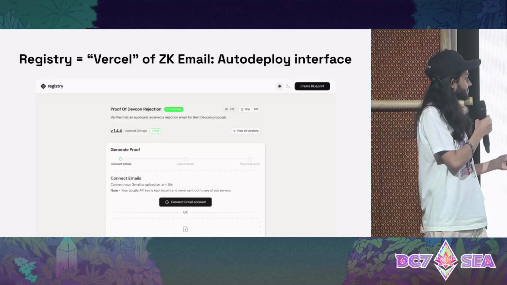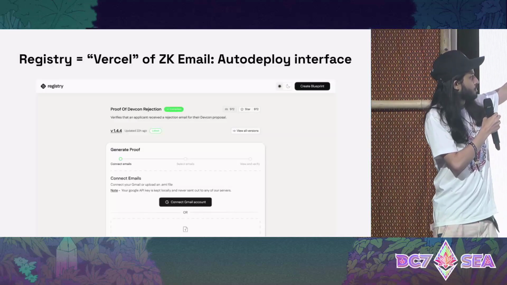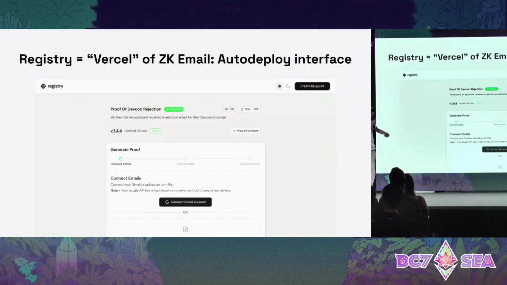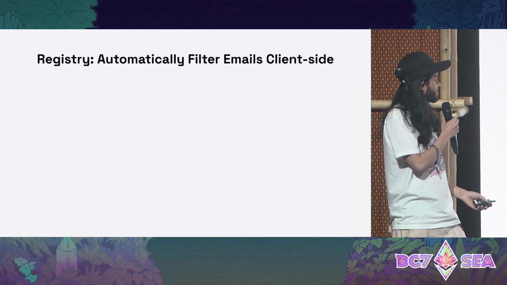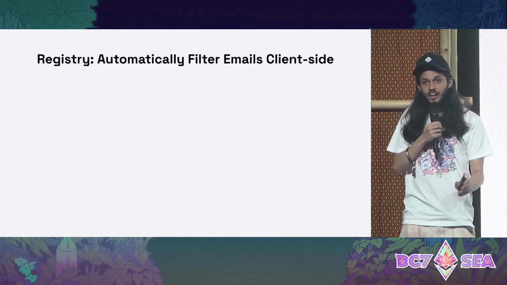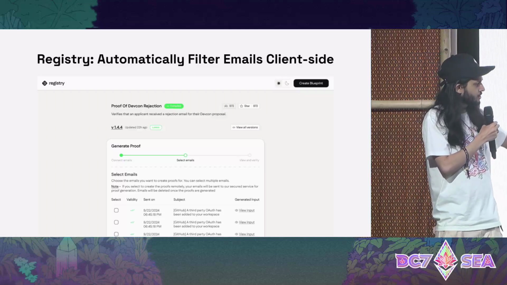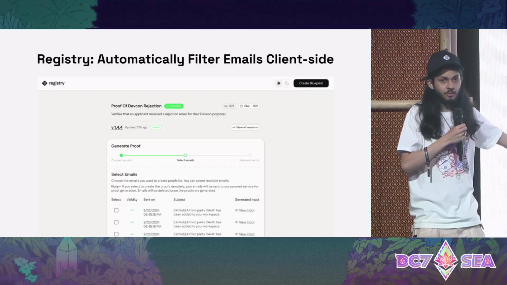Concretely, for instance, for the proof of Devcon rejection, you will automatically get an interface where you can sign in with your email, and then it will fetch the relevant emails that might possibly satisfy this proof. We can filter those emails entirely client-side so that our server never sees those emails, and then let the user choose the proof they want to make.